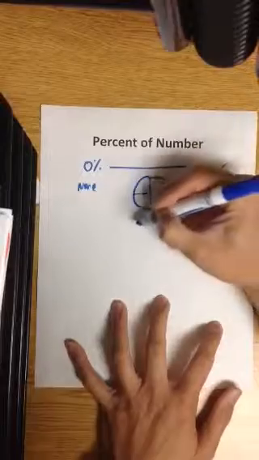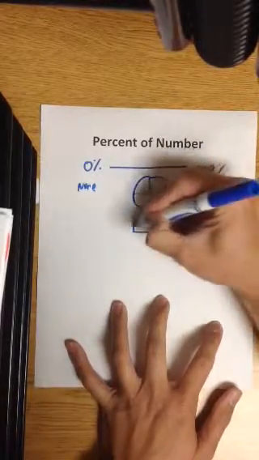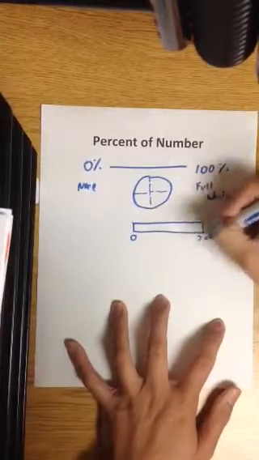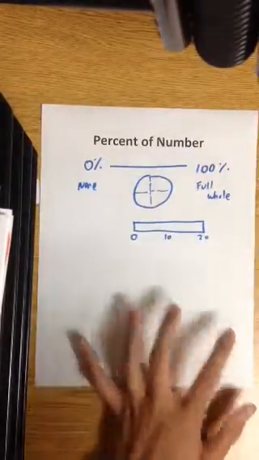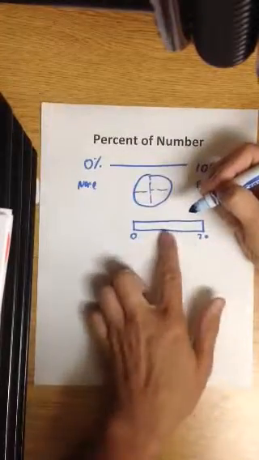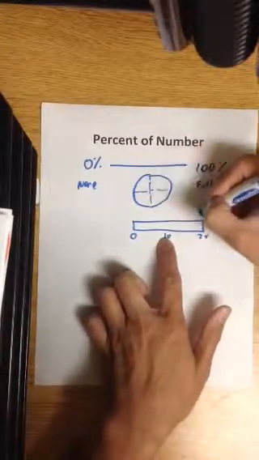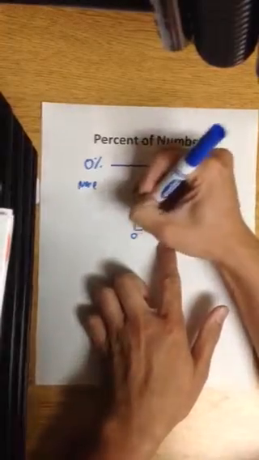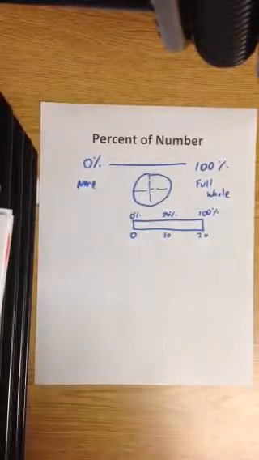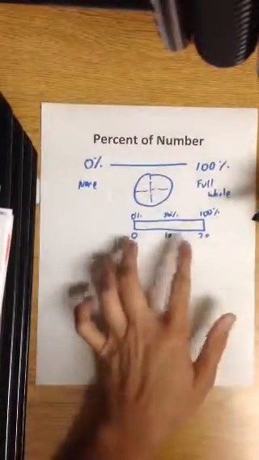For example, you have a number from 0 through 20. Here's 0% and here's 100%. If I fill in 50%, or half of this, it will be 10.